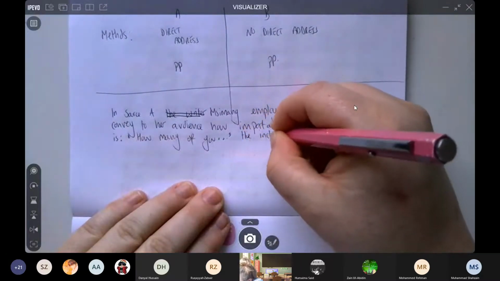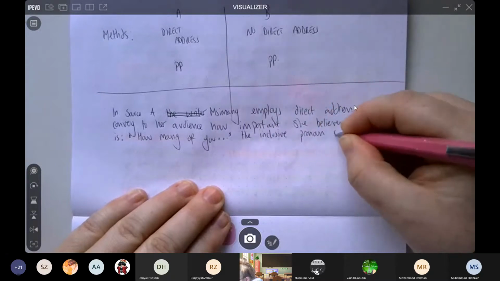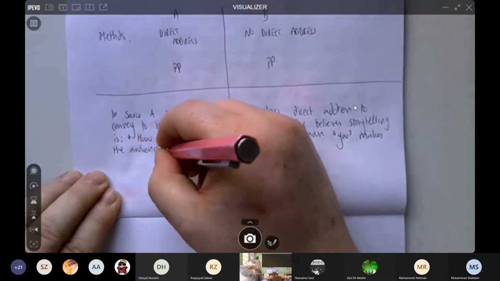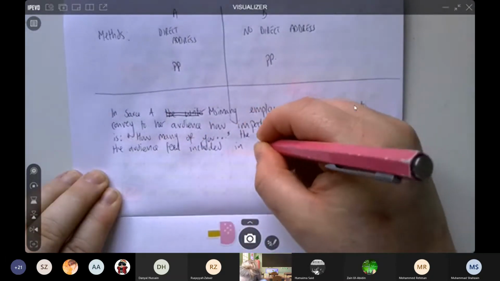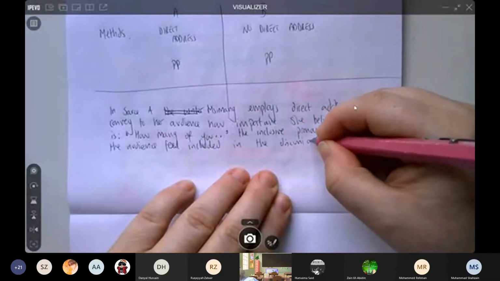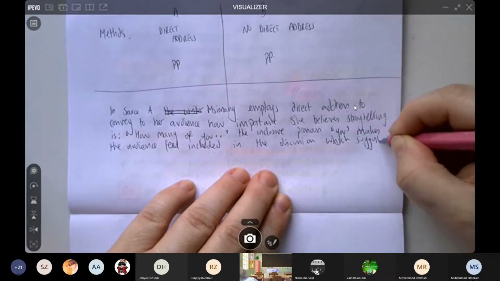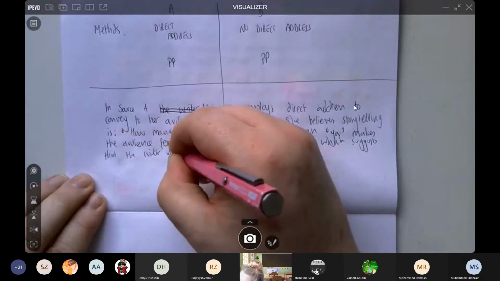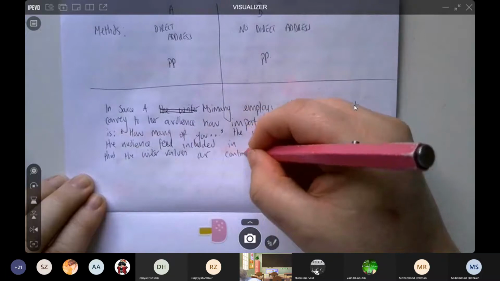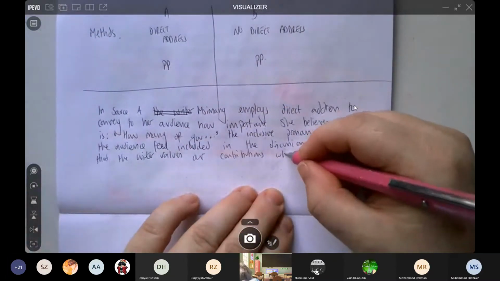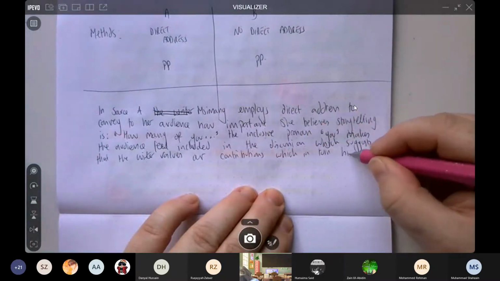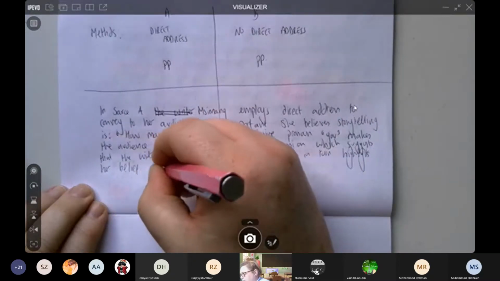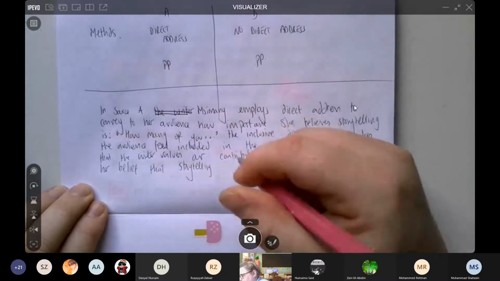So I might say the inclusive pronoun you makes the audience feel included in the discussion, which suggests that the writer values our contributions, which in turn highlights her belief that storytelling is something for all of us.